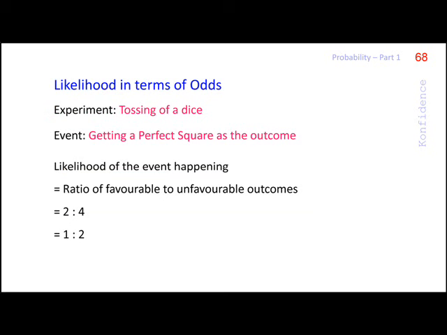In the case of our present event, the odds of getting a perfect square on the throw of a dice will be number of favorable outcomes is to number of unfavorable outcomes, which is equal to 2:4 or 1:2.